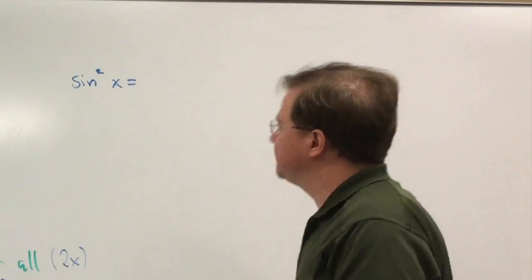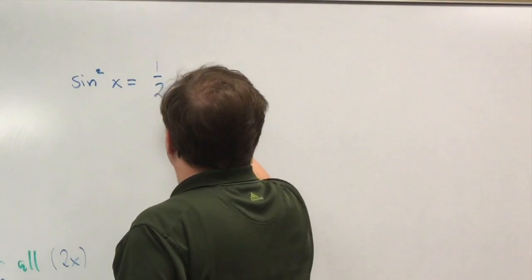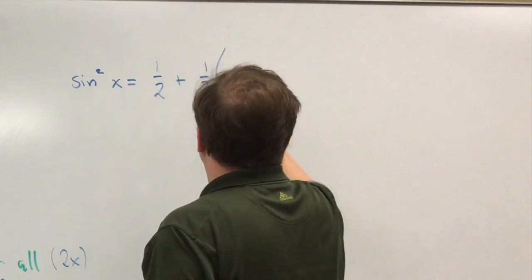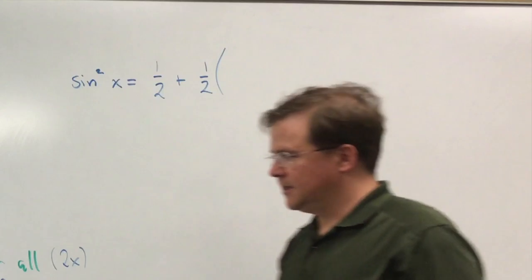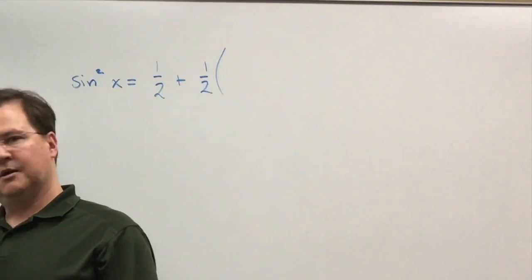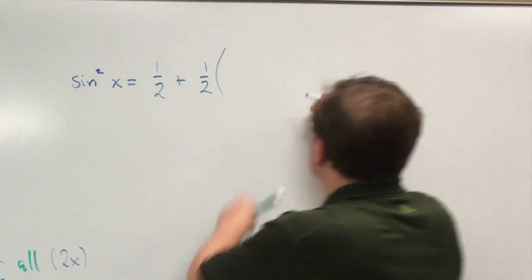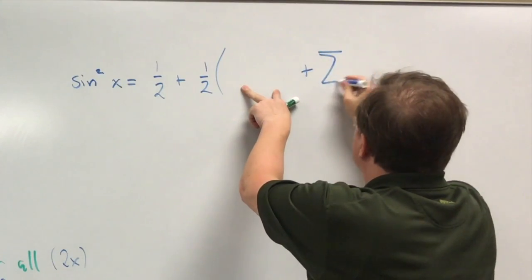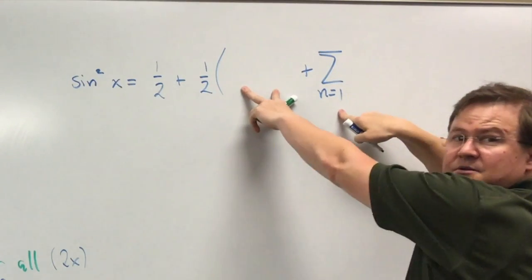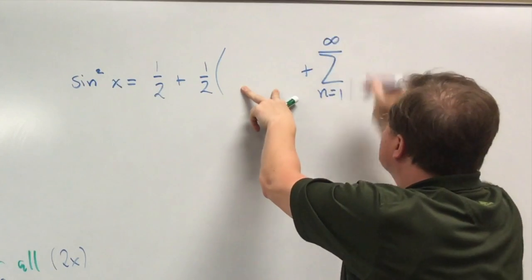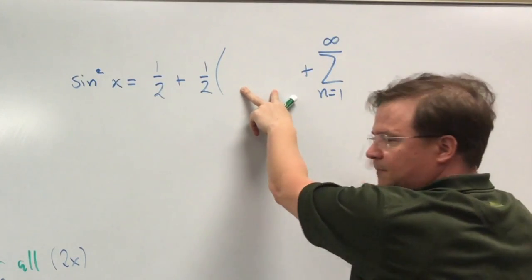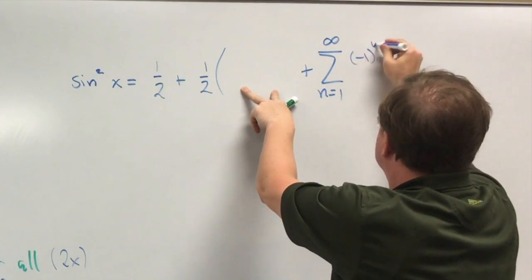This equals 1/2 plus 1/2 of, again, I'm going to plug in 0. I'm just going to show the first term right here and put everything else starting at 1 going out to infinity. This I can just copy down.